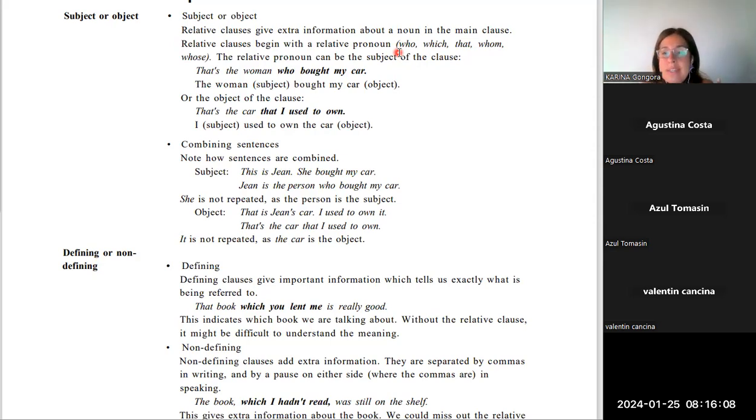Remember, I always say that if you really want to play safe, if you have a doubt between who and that, or between which and that, to be sure that we are doing it right, please put which or who and forget the that.